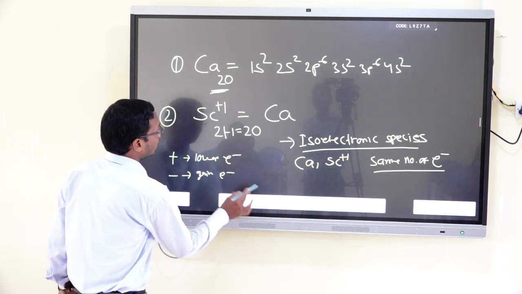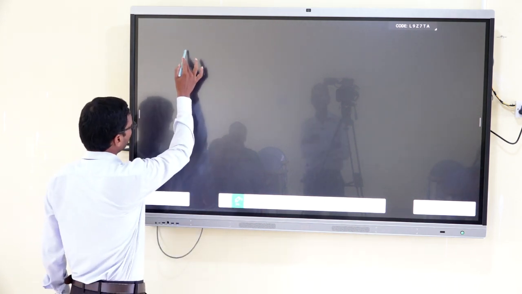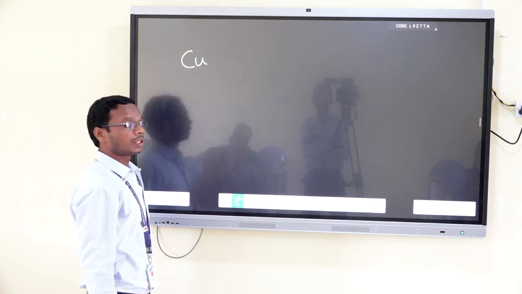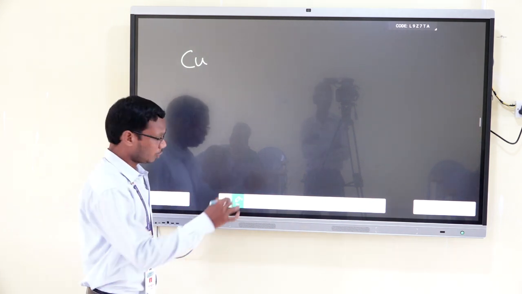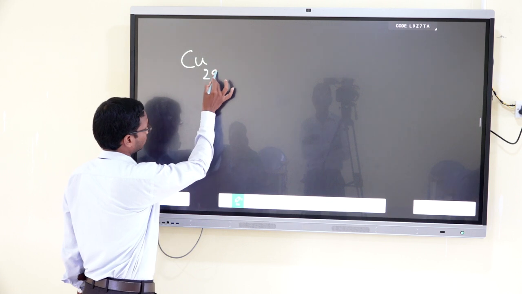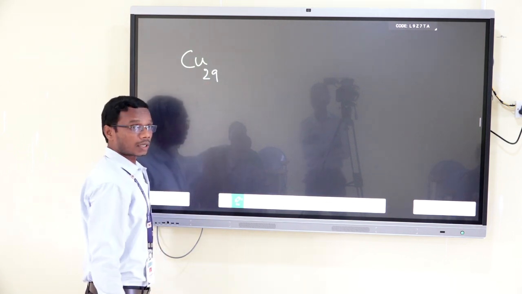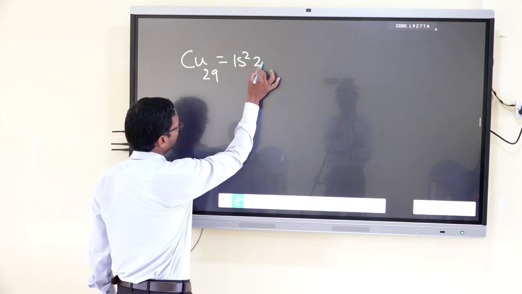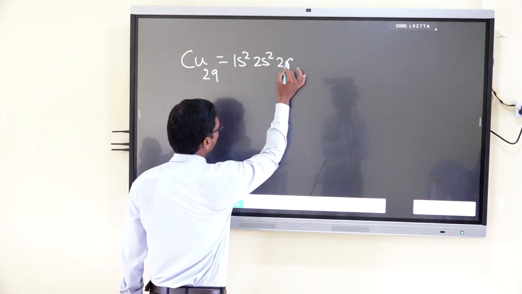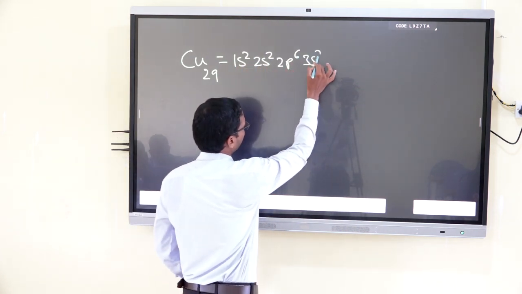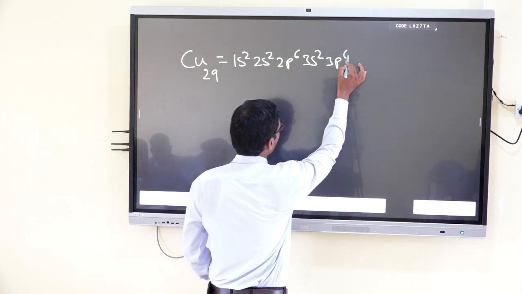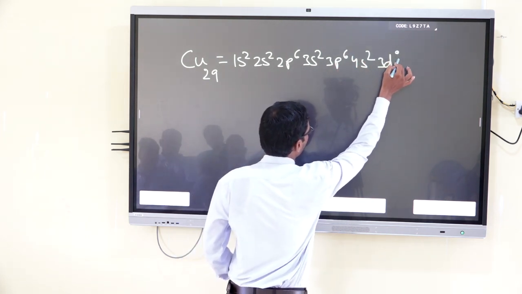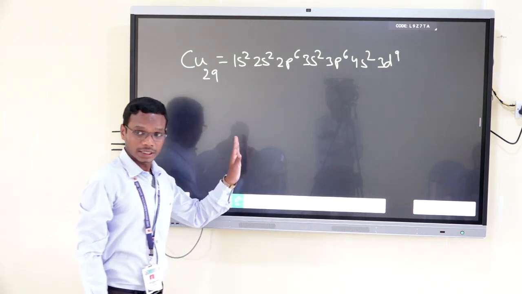Now the important electronic configuration is, suppose copper. What is the atomic number of copper? 29. If you consider electronic configuration of copper, then I can write 1s, 2s, 2p, 3s, 3p, 4s, 3d9, like this.